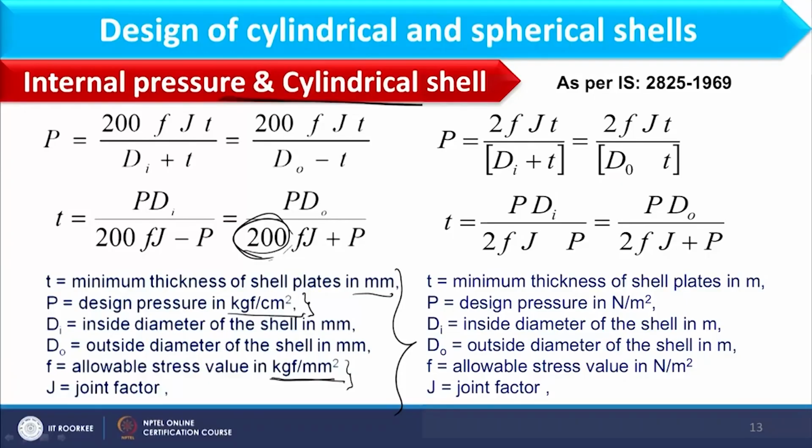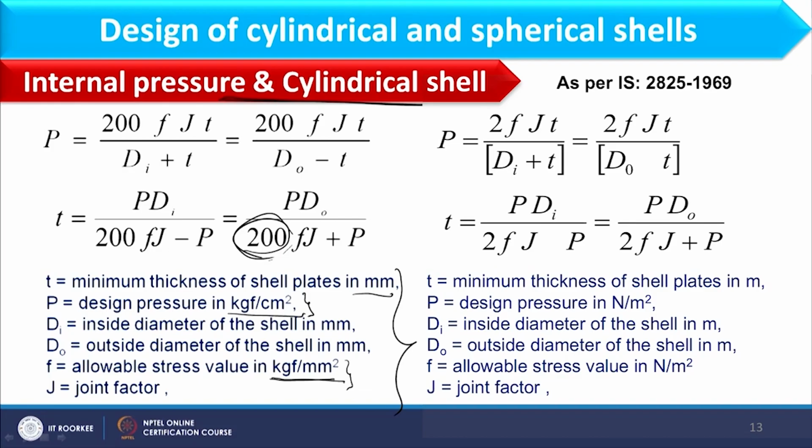However, in books you can find the expression 2 FJ instead of 200 FJ, where we have only factor 2, because pressure as well as allowable stress are both shown in the same unit, that is Newton per meter square, and thickness we can compute in meter.